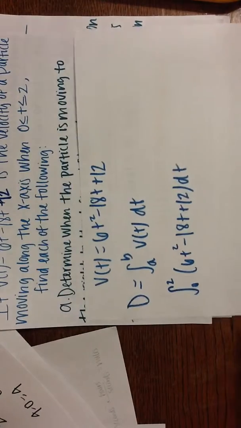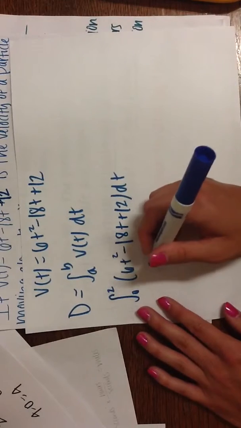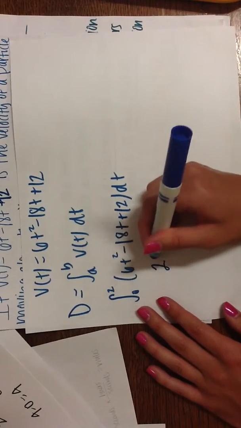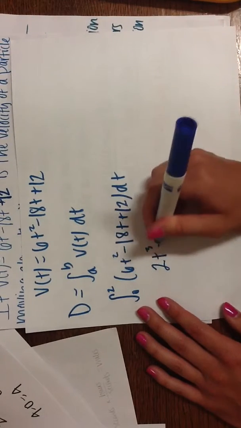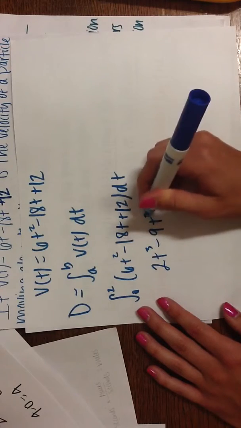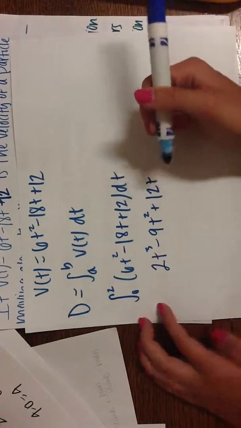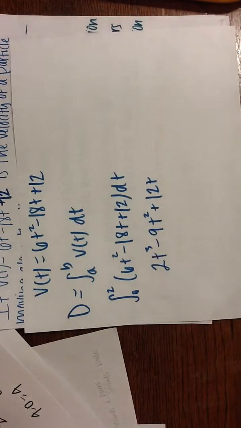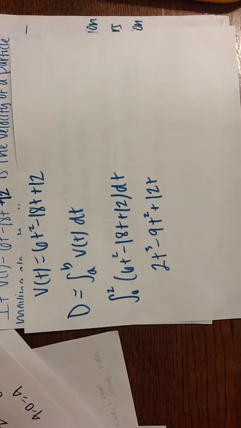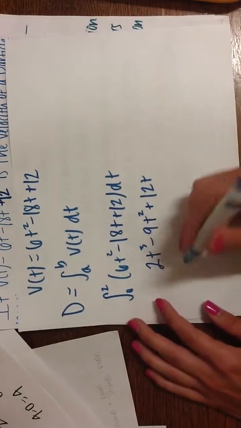And we are going to use antiderivatives to solve this. So we know that the antiderivative is 2t to the third minus 9t squared plus 12t.